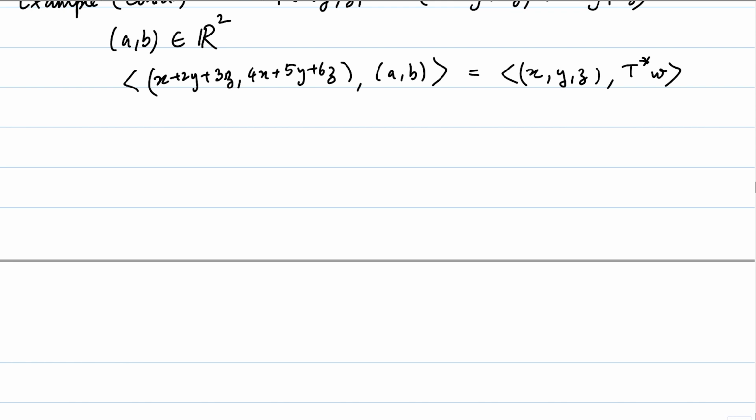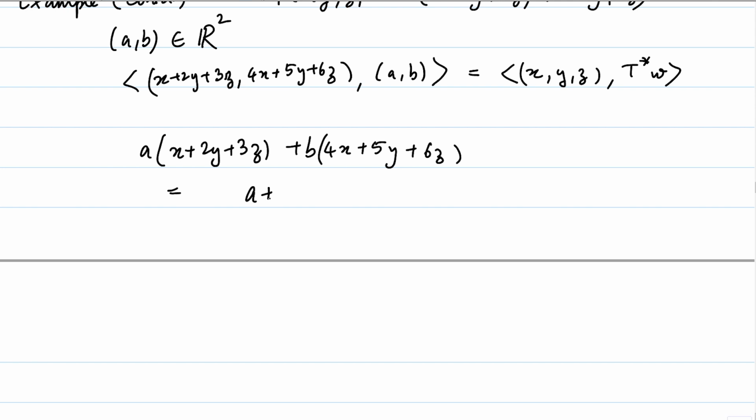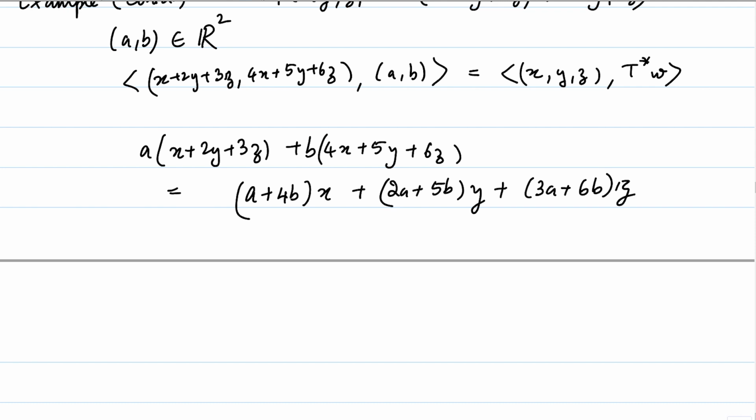Okay, what is the left hand side here? Left hand side is a times (x plus 2y plus 3z) plus (4x plus 5y plus 6z) times b. Let's just compute what this is. This is equal to (a plus 4b) times x plus (2a plus 5b) times y plus (3a plus 6b) times z.